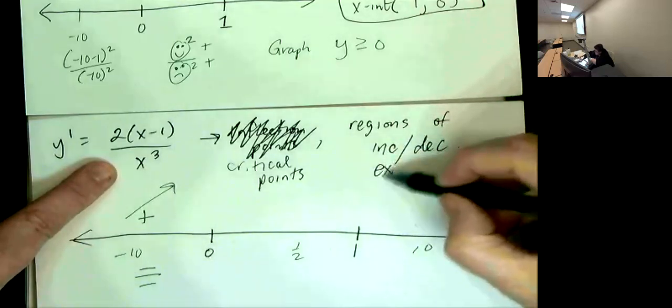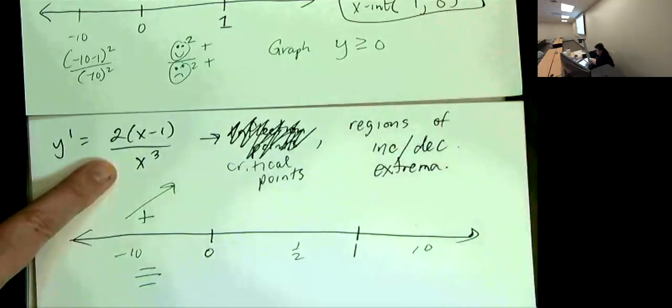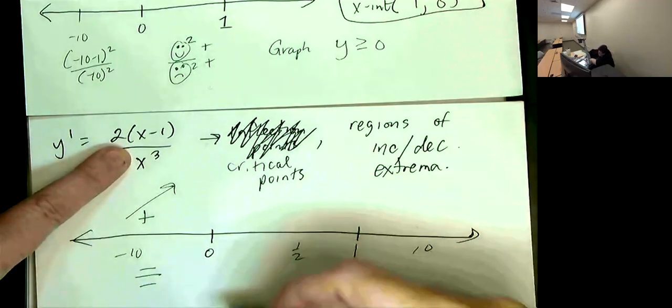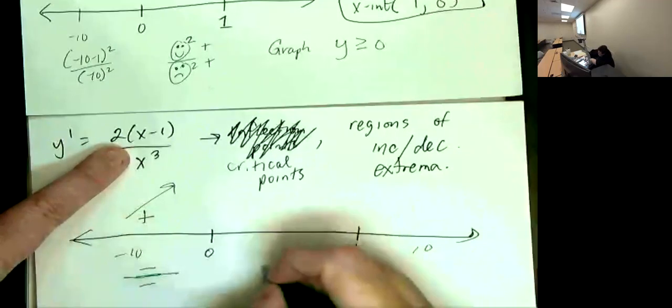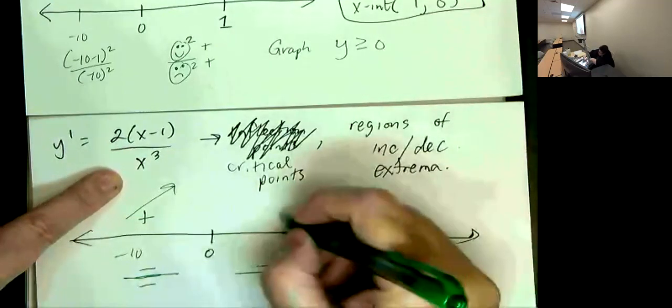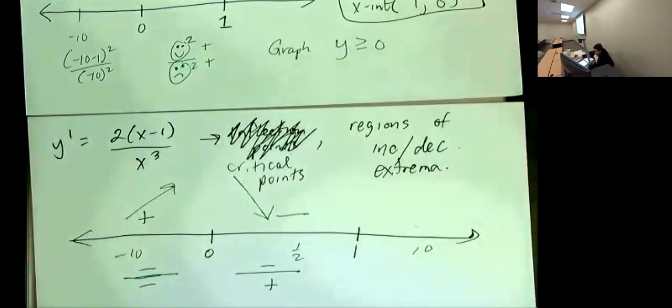This is a good spot to find extrema. If I stick in one half, the top is negative, but the bottom is positive. So this is a negative region. And if I stick in 10, they're both positive.